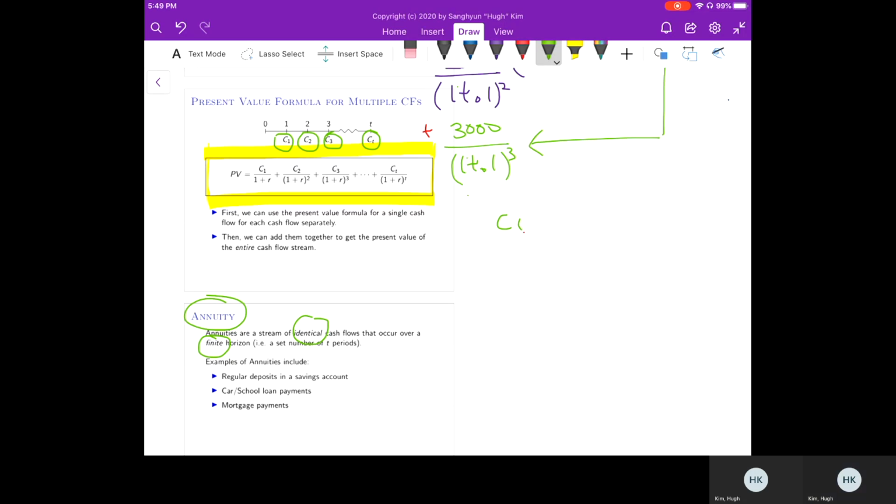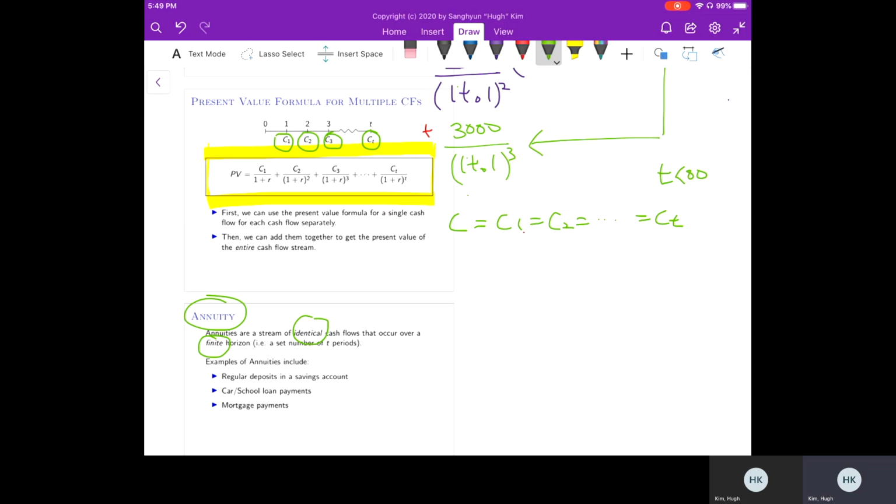So we can drop the time subscript, and just call all these cash flows C. Okay, it's finite, so it ends at some point. So this type of cash flows is called an annuity.